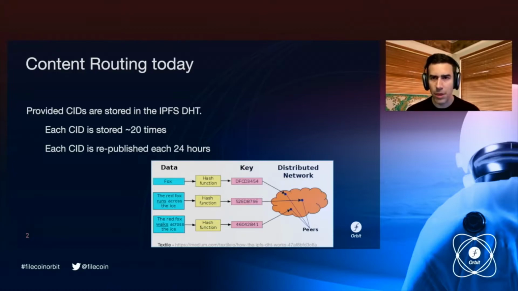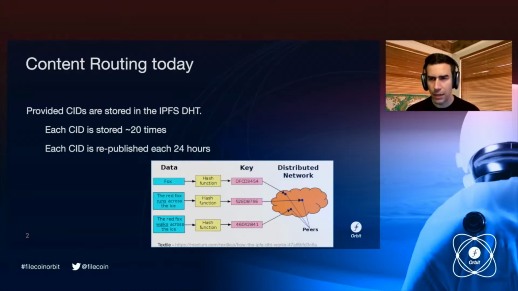So today, from something like IPFS, content routing happens through a DHT. And what that means is each piece of content, which is identified by a CID, a content ID, which is the hash of that content, is the item that is both being requested and being published.